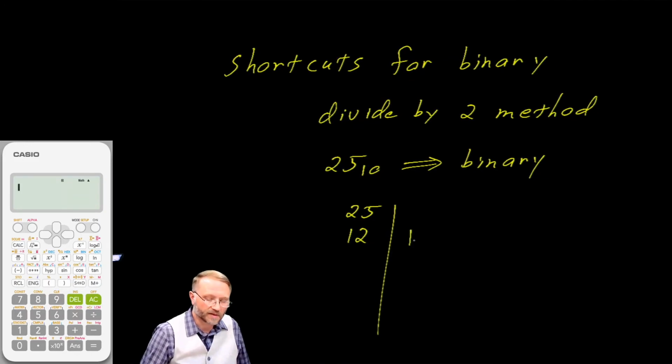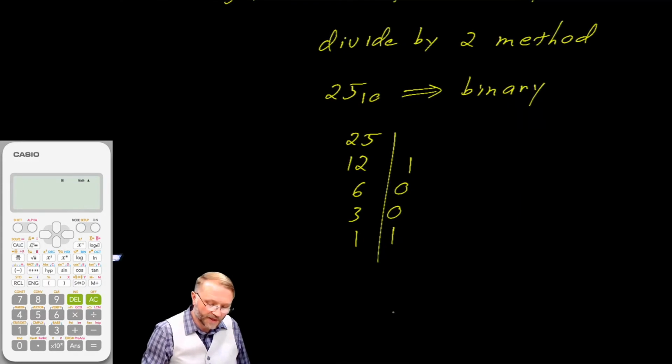Now we take 12. We divide it by 2. We get 6 with a remainder of 0. Take the number 6, divide it by 2. That's 3. Remainder 0. Divide 3 by 2. That's 1. Remainder 1. Now divide 1 by 2. That's 0. Remainder 1. From here, we start at the bottom and we collect all of our bits.